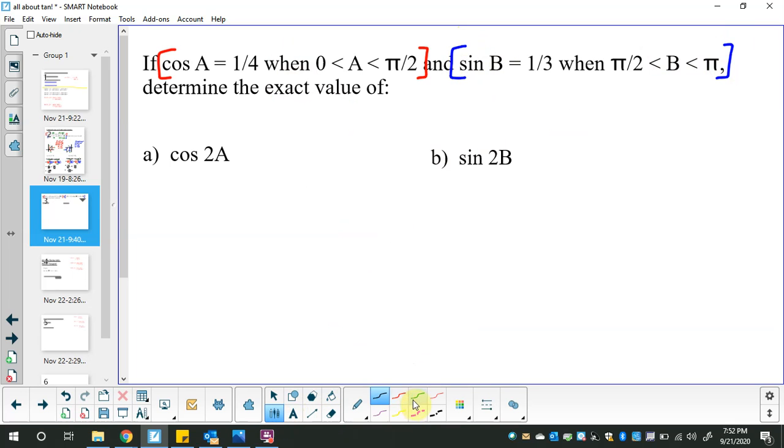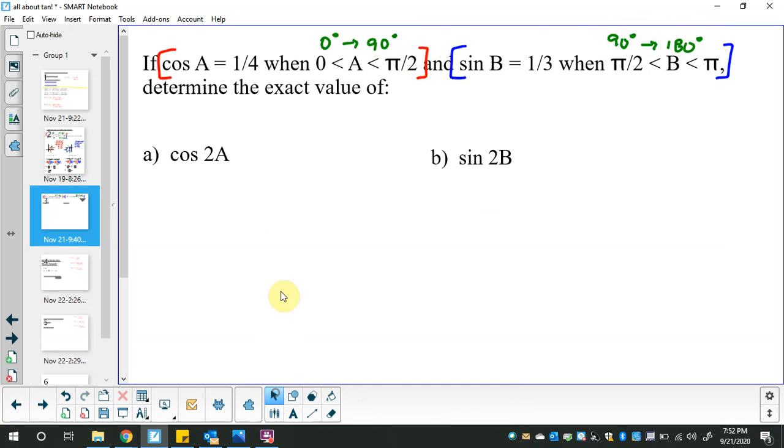And with my green pen, to translate this in case you need a hand, 0 to 90 degrees. Pi over 2 is right on your unit circle, so you can check without converting. And this one is 90 degrees to 180 degrees.